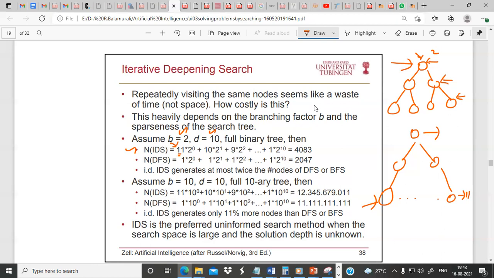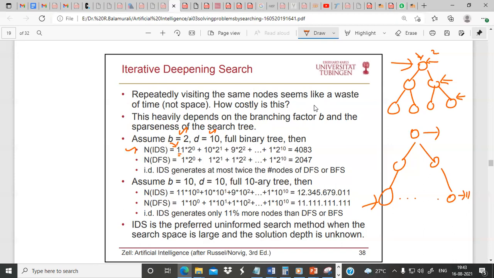Whereas the nodes in level 10 will be accessed 2 times. So it is 10 into 2. And the nodes in level 9 will be accessed 4 times. So it is 9 into 2 square. So on and so forth.